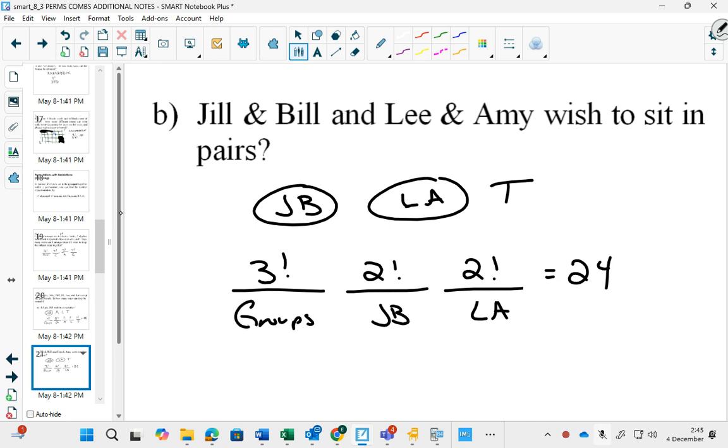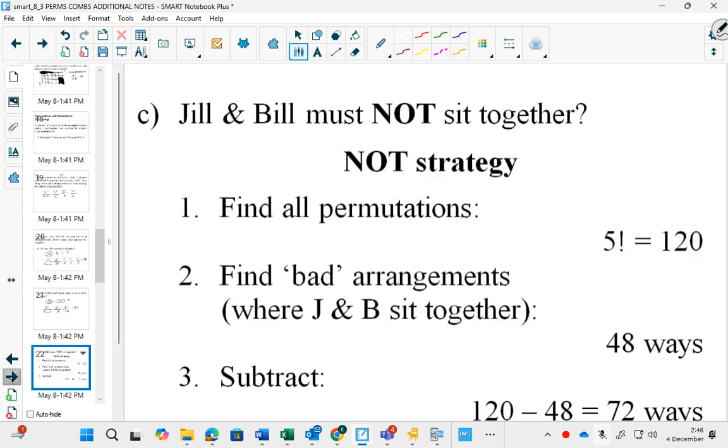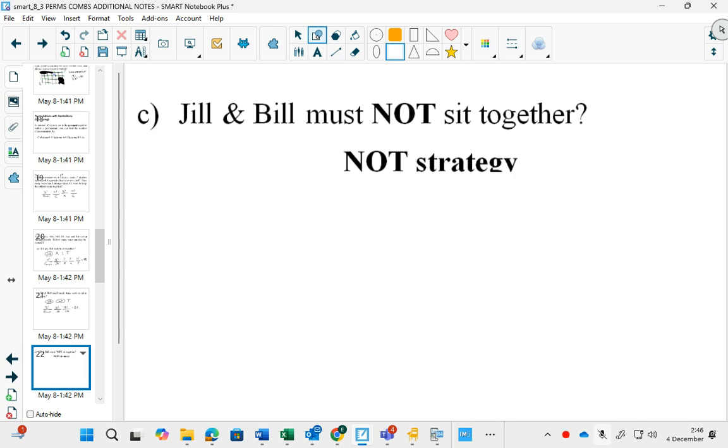Now, something happens in the friend group, and the next time the 5 friends go to sit at the bench, we have the following scenario. Jill and Bill must not sit together. Lee and Amy, they're just fine.